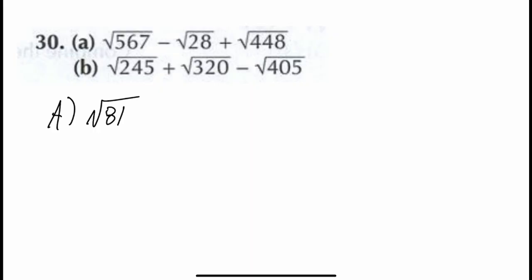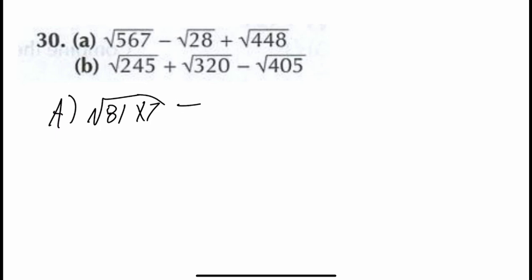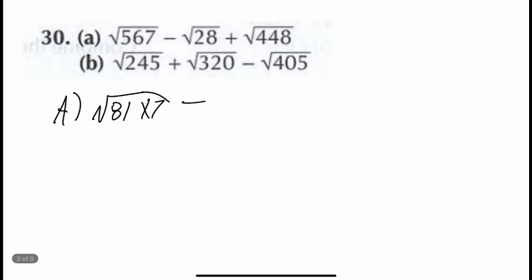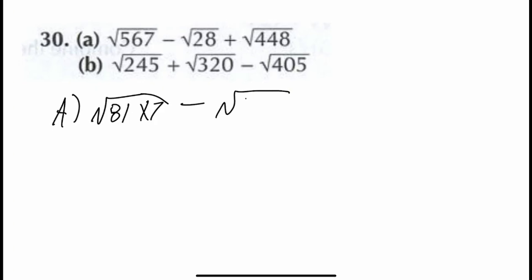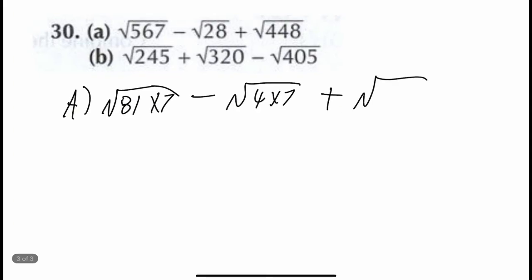So 81 times 7. Yeah, 81 times 7 minus whatever root 28 would be. That would be 4 times 7, yeah. 4 times 7 plus, that would be 64 times 7.